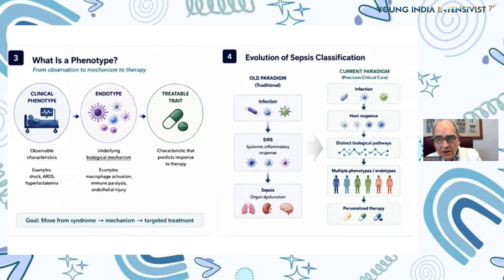Because we have to look at the different kinds of infection and mostly at the host response. The host response may follow different biological pathways, and these different biological pathways are reflected in multiple phenotypes and endotypes. It is evident that the final solution should be finding a personalized therapy, since one therapy cannot be adapted to all the different phenotypes.